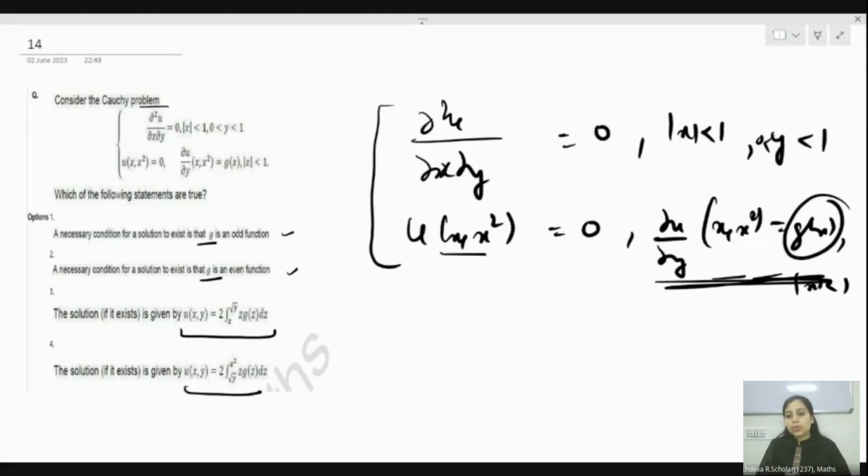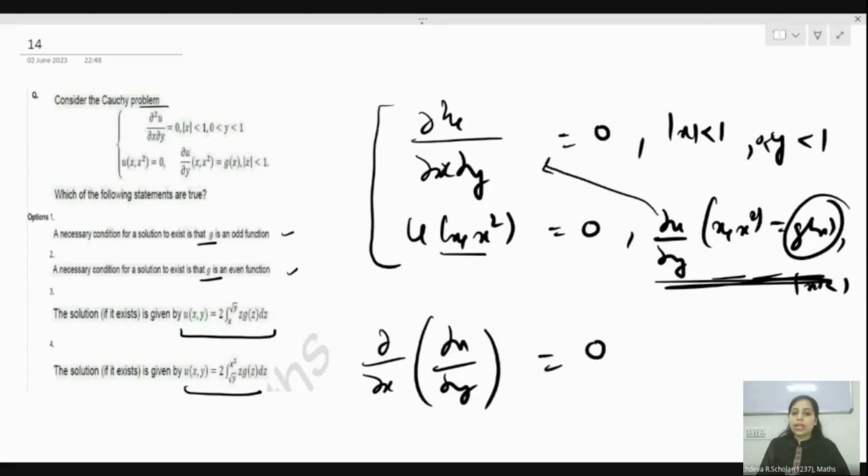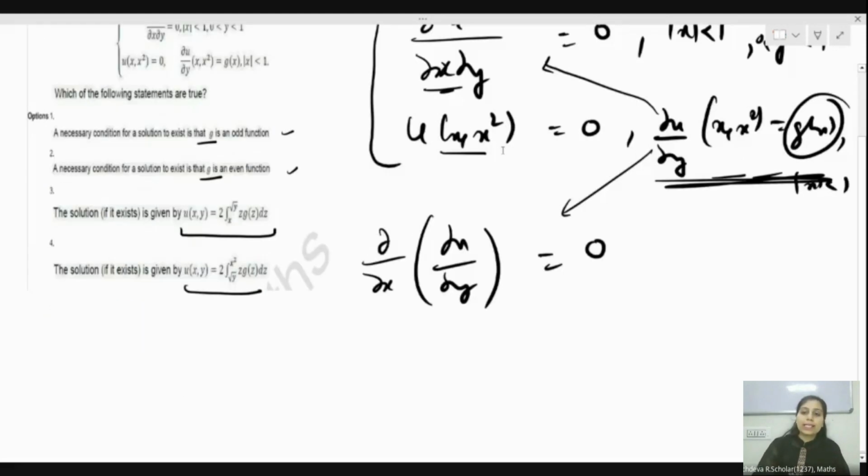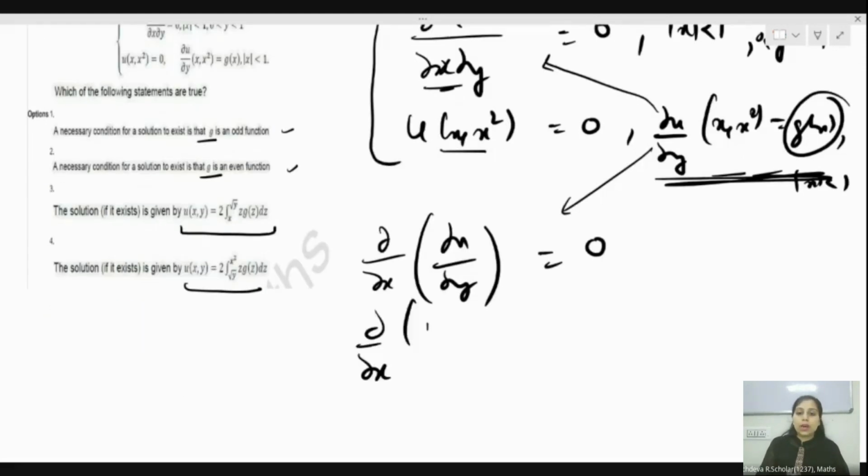What we can do: here we have del u upon del y. So substituting this value here, we can write this equation as equal to 0. We can write this equation as del upon del x of the outer, then del u upon del y is equal to 0. And substituting this here, we get at x square, del upon del x of g of x is equal to 0.